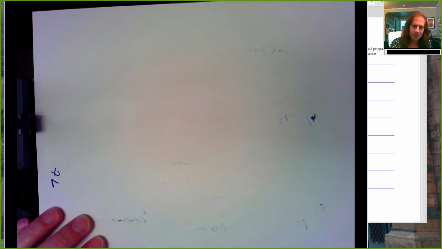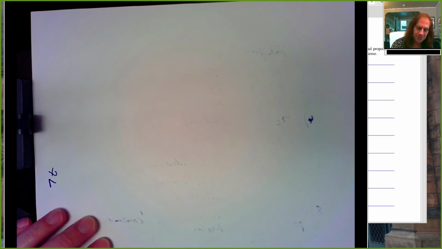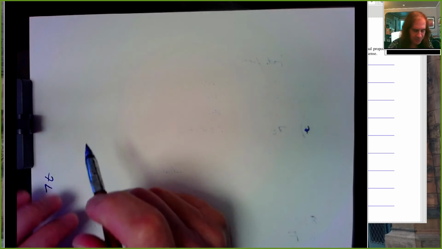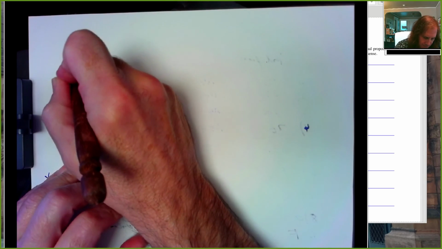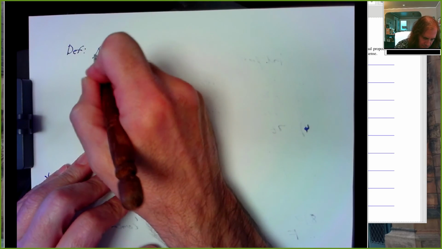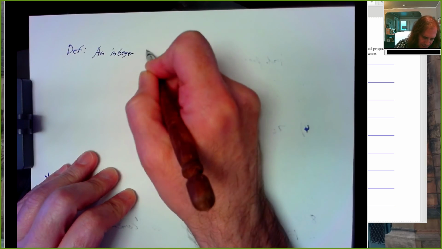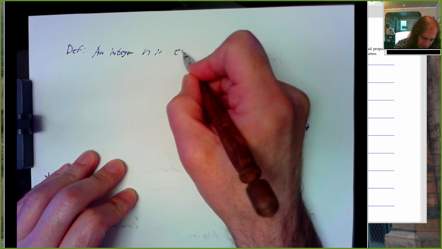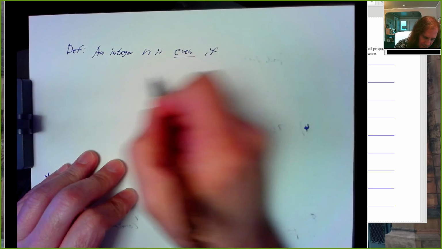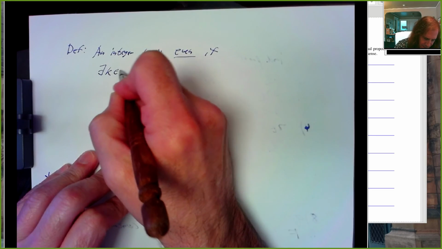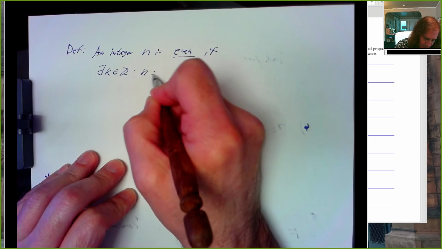All right, other questions? Let me leave you with a couple of definitions that we'll use heavily for the next few classes. An integer n is said to be even if there exists an integer k such that n equals 2 times k.